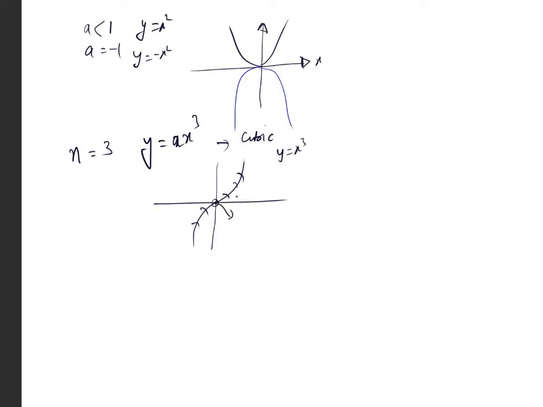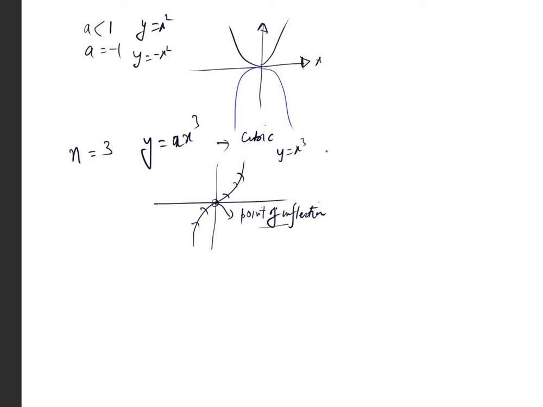This point where it takes that slight curve is called the point of inflection. This also happens to be the x-intercept. So at x equals 0, the graph has a point of inflection.